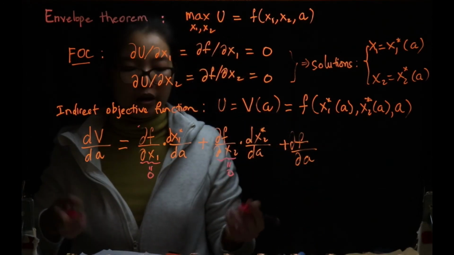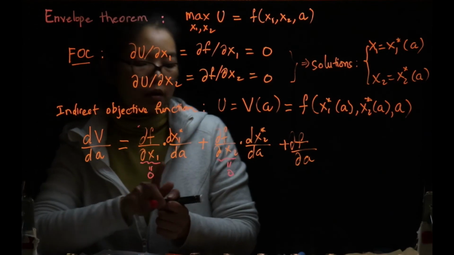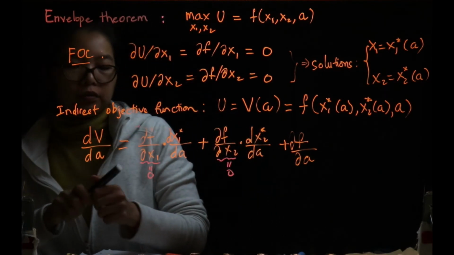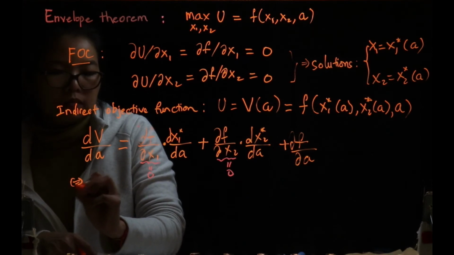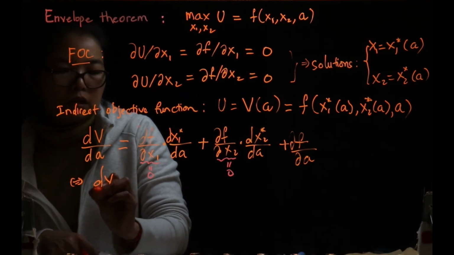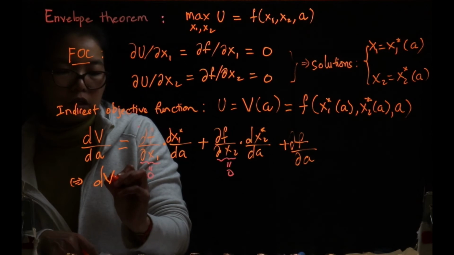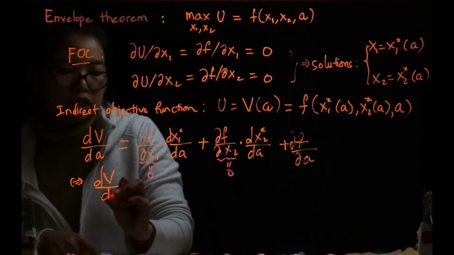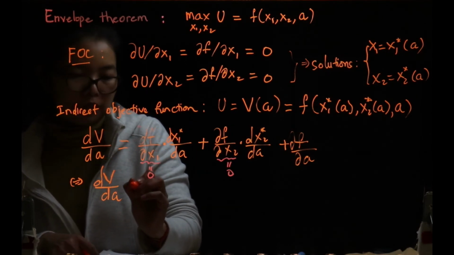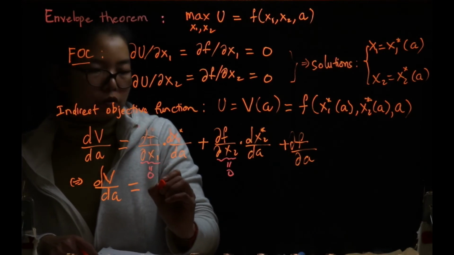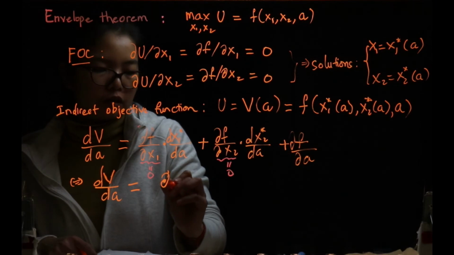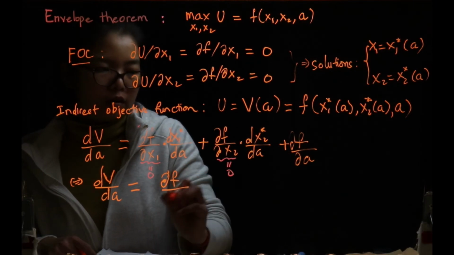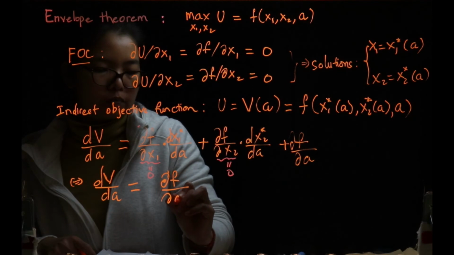At the end, what will we have? Now, we would have the derivative of v, let's write it bigger a bit, with respect to a only equals the derivative of f with respect to a.